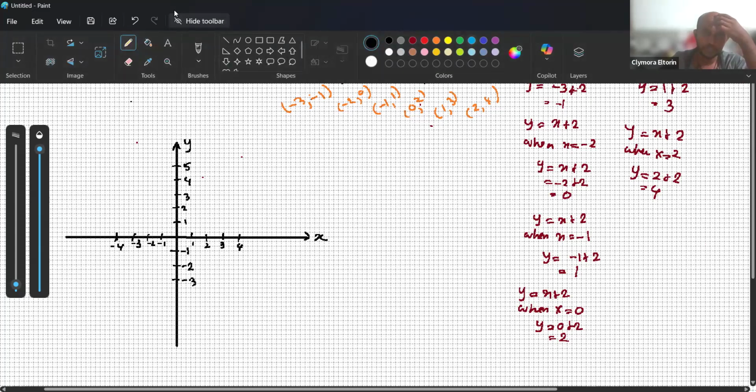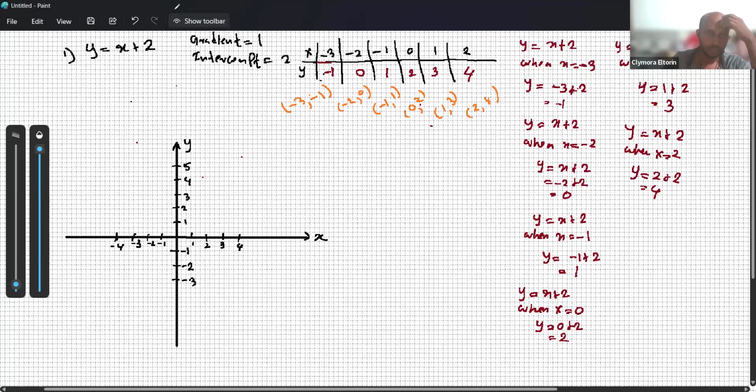Let's mark the points here. First one, minus 3 and minus 1. It's here. When we draw the broken lines, we can find it here. Next, minus 2 and 0. Where is it?